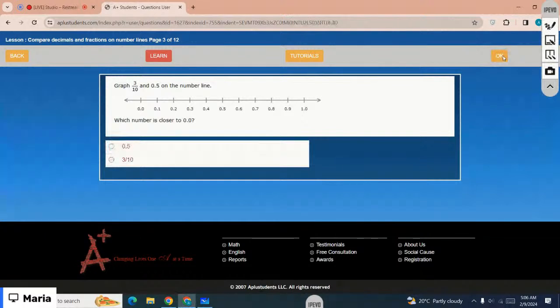Graph 3 over 10 and 0.5 on the number line. Which is closer to 0?